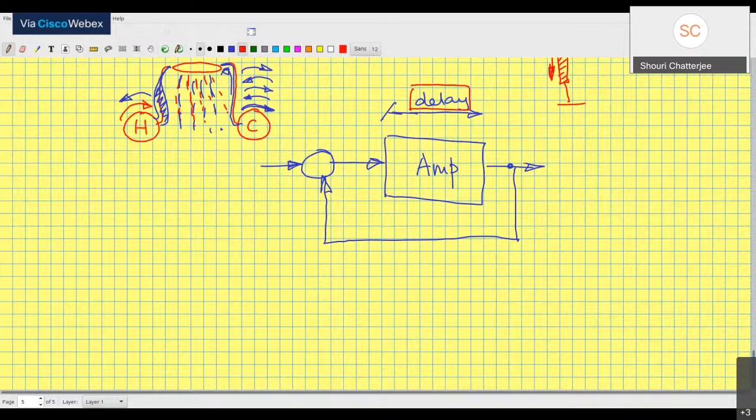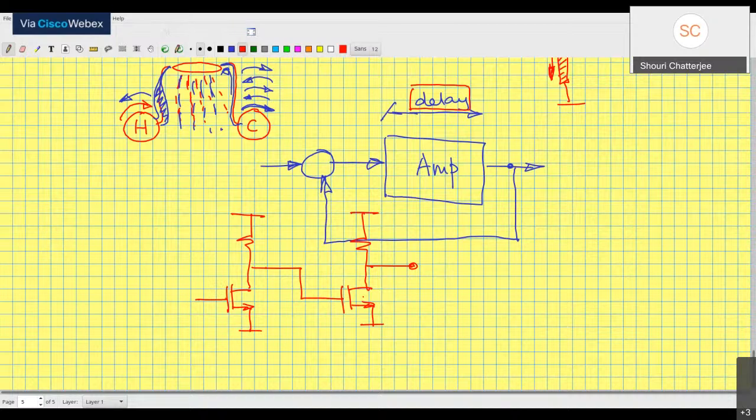So this is basically the idea of compensation. In compensation, what are you trying to do? You're trying to fix this delay. So what do I have in my amplifier? I might be having two stages. Now the problem is that if the circuit has no capacitance in it, then no problem.